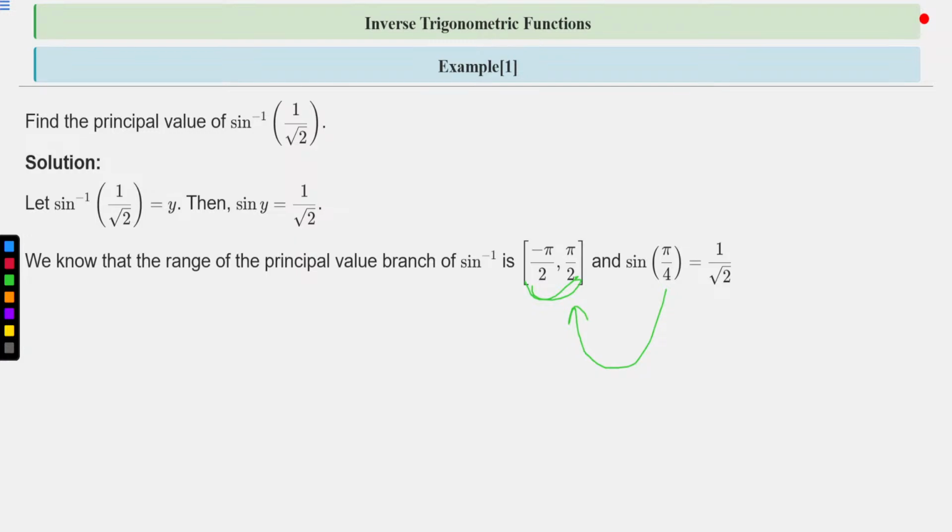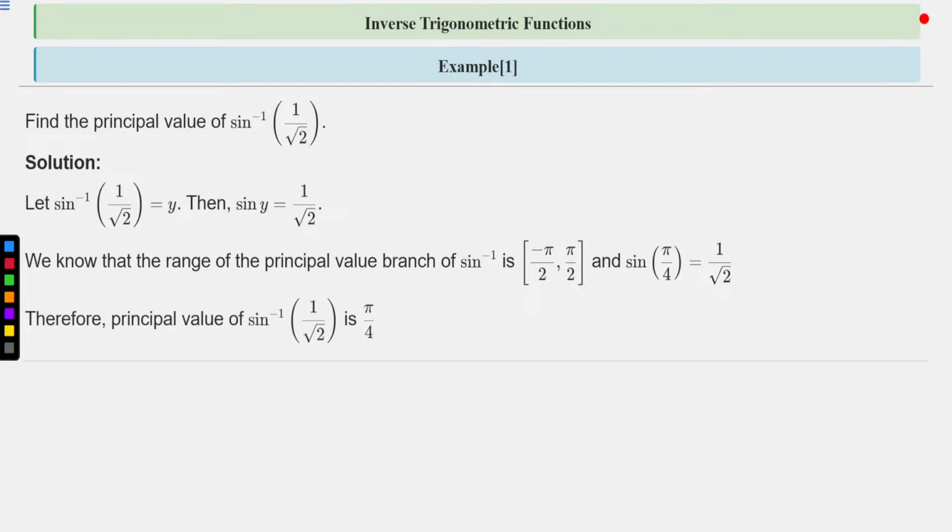Here it does, because pi by 4 is between minus pi by 2 and pi by 2. Hence, pi by 4 lies in the principal value branch of sine inverse. Therefore, the principal value of sine inverse 1 by root 2 is pi by 4. Clear?